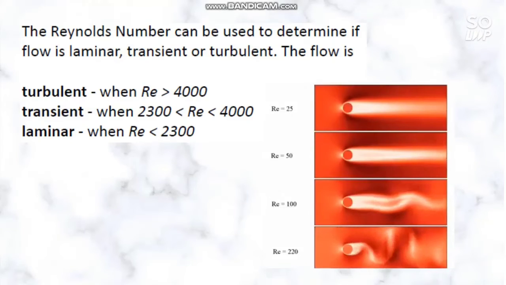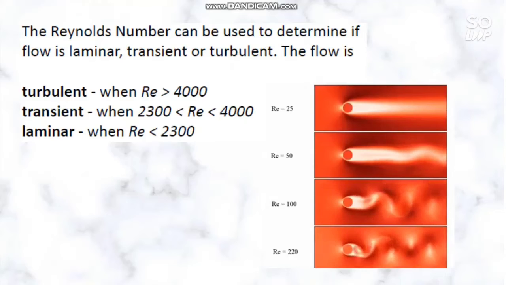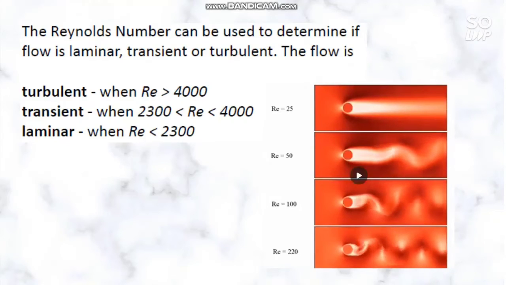The Reynolds number can also be used to determine if the flow is laminar, transient, or turbulent. When the Reynolds number is small, the flow will become laminar, and if the Reynolds number becomes higher, it will become transient, and finally turbulent.